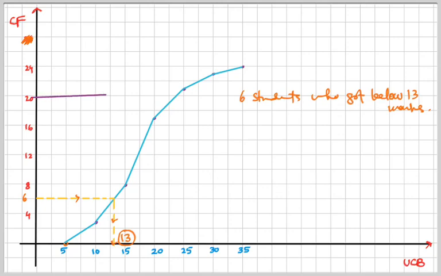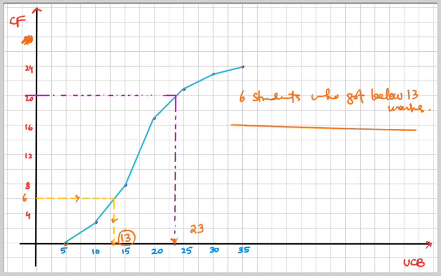Go right, touching the graph, going down, making sure that things are dotted. Now this is coming out to be 23 approximately.